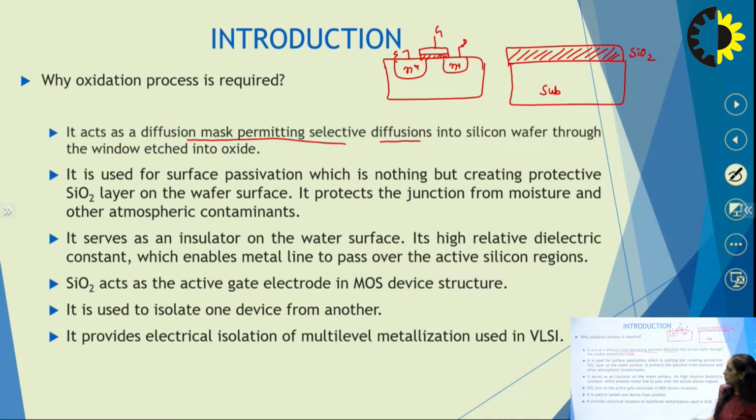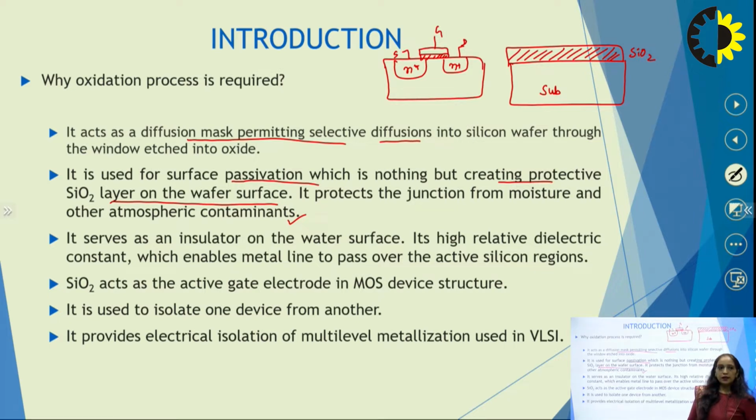Next, it is used for surface passivation, which is nothing but creating a protective layer of SiO2 on the silicon wafer, to protect the wafer from moisture or any other contamination present in the furnace or in the environment.